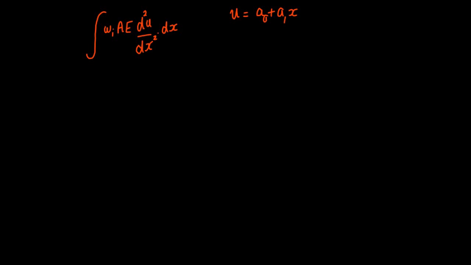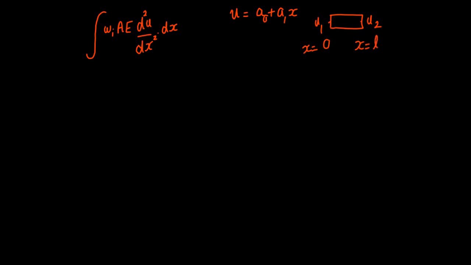So that's the reason why we assume a linear trial solution. And for the boundary conditions, if you're considering a small piece within the bar, then at x is equal to 0, the displacement is u1, and at x is equal to L, the displacement is u2. So these are the boundary conditions.